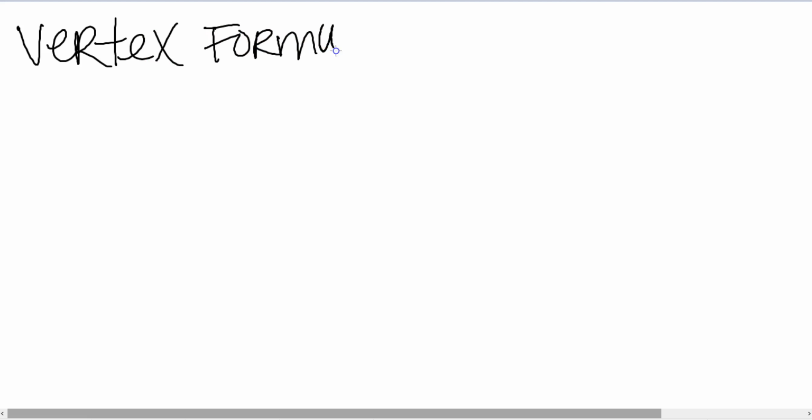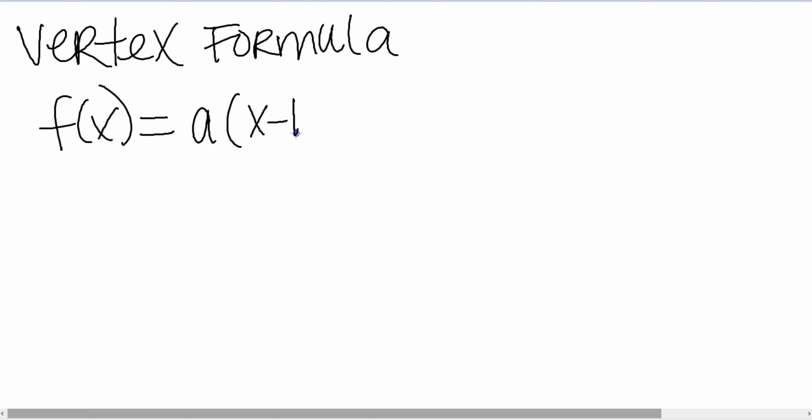So I'm first going to write down the vertex form of a quadratic, because I like starting with that. f(x) or y equals a times (x minus h) squared plus k. So this is called vertex form.